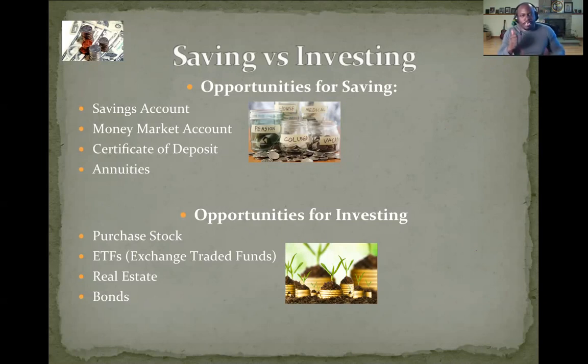But the key thing with an ETF, right? An ETF is you're buying a basket of a particular sector. So why is this important? For example, let's say the big thing is tech stocks, right?